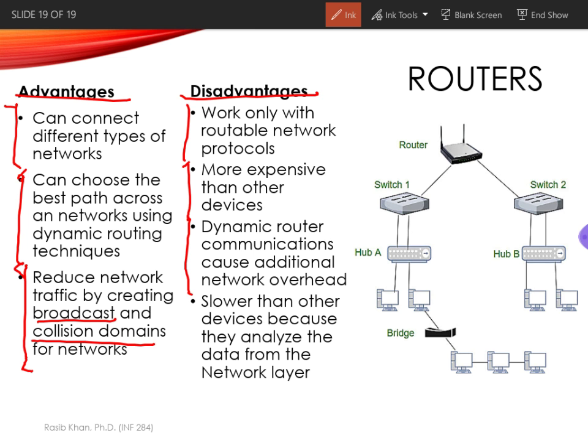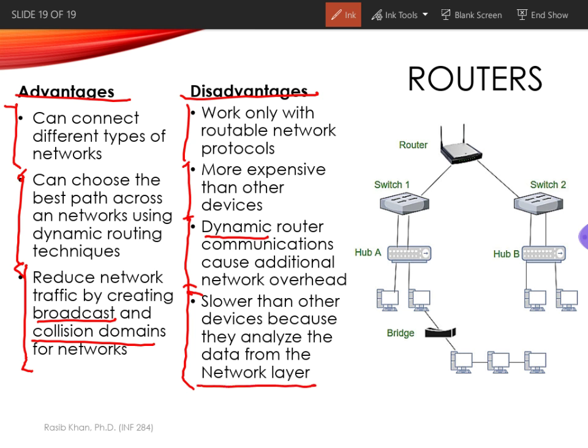And additionally, when we have a complex network setup, there are multiple routers which are there, and these routers are dynamically speaking to each other to set up the paths, the routing information, and this causes additional network overhead. And if you compare routers to switches or hubs or bridges, they are somewhat slower than the others because they actually analyze the data a bit more.